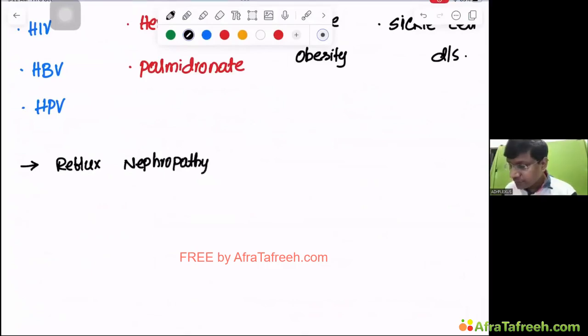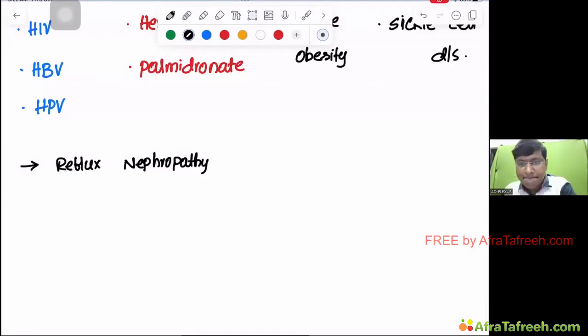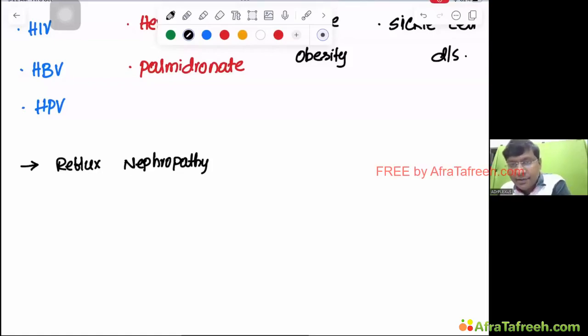Now, can anyone tell me where exactly will be the site of opening of the ureters in the bladder? Anyone? Very good, Jacob. That is in the trigone of the bladder. Okay. And when the ureters are opening into the trigone of the bladder, do you have any sphincters in the ureters at the opening?